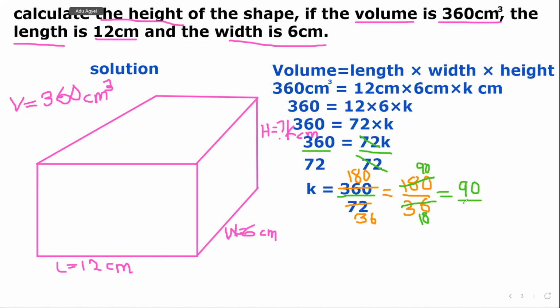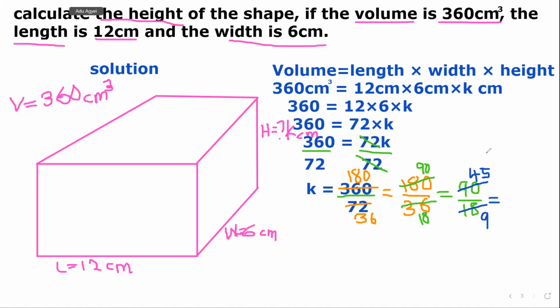Good. Now we still have 90 over 18. I think we can still use 2 to cancel. So 2 goes into 90, we have 45, and the 2 goes into 18, and we have 9.